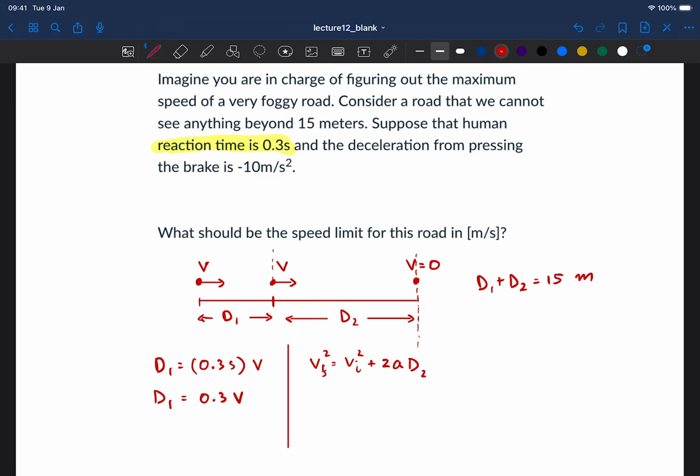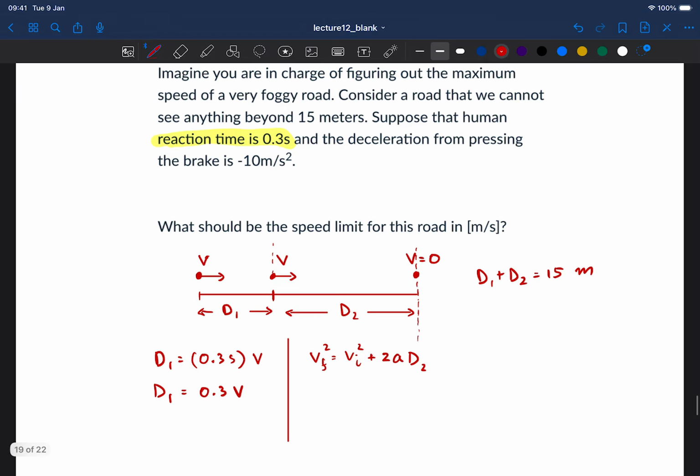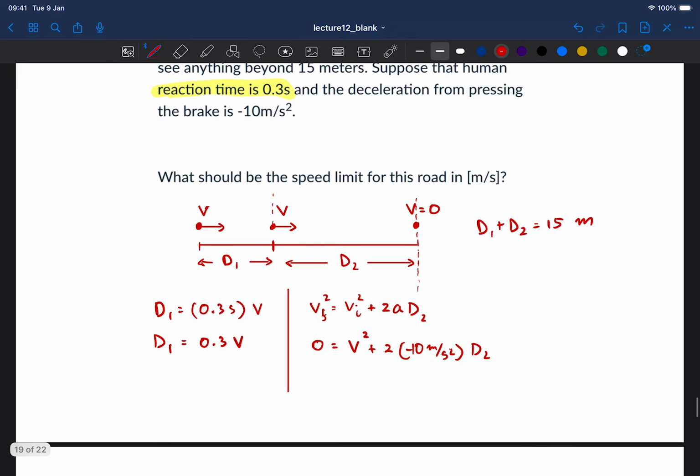So vf is the velocity at the end, which is 0. vi is the velocity here, which is also the same velocity that you start with, so it's just v. And plus 2, a is minus 10 meter per second square times d2. So 0 equal v square minus 20 d2. So d2 is v square divided by 20.